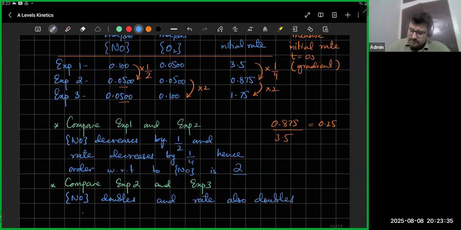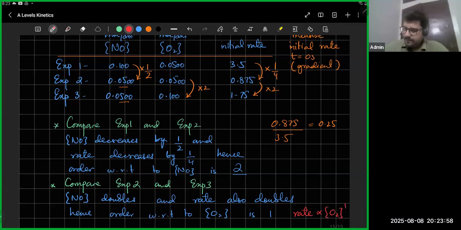So hence, the order with respect to O2's concentration is 1. Which means rate is proportional to O2's concentration, and it's directly proportional.